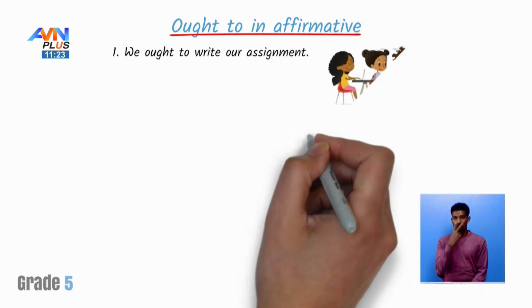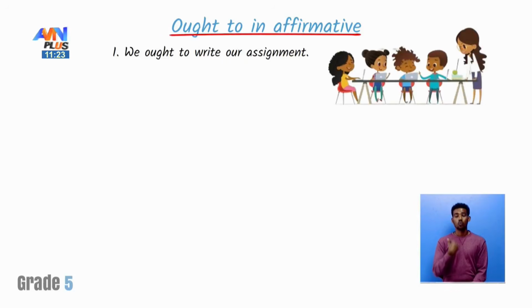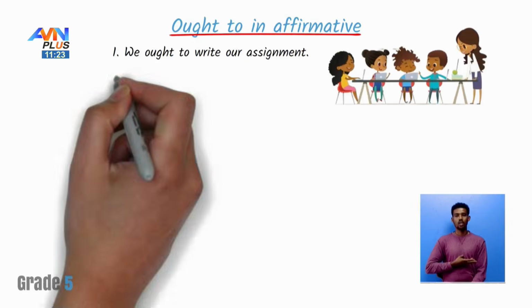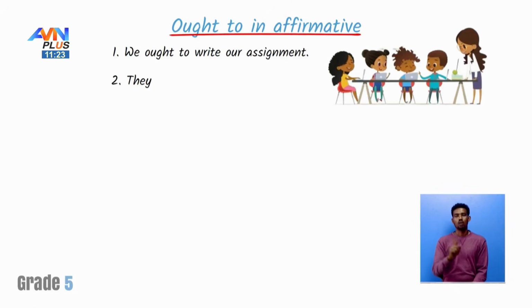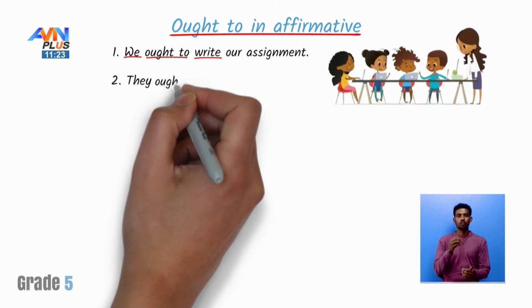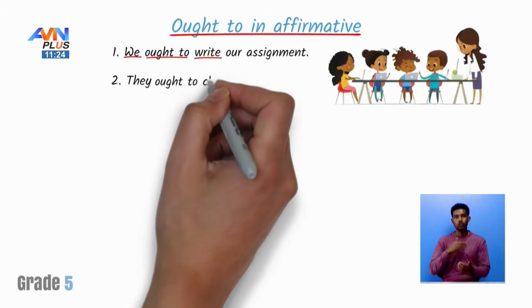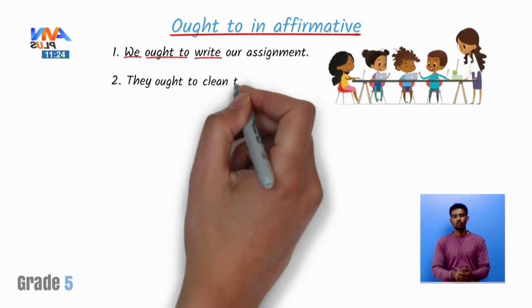Look, when we say we ought to plus verb 1. The second one: they, or maybe it can be somebody's name, yeah? Somebody's name can be written here. Ought to clean the compound.